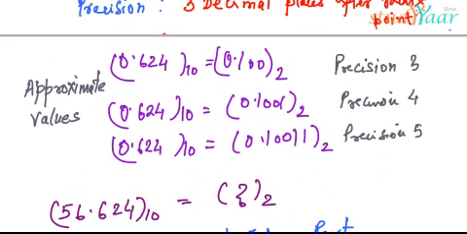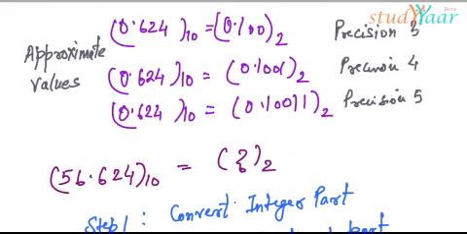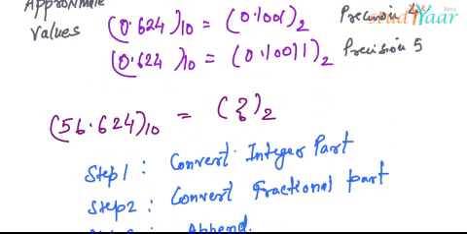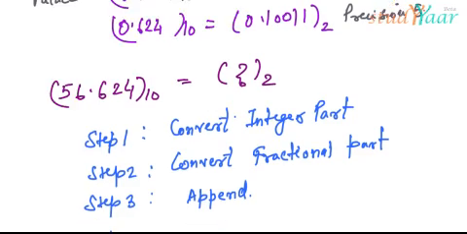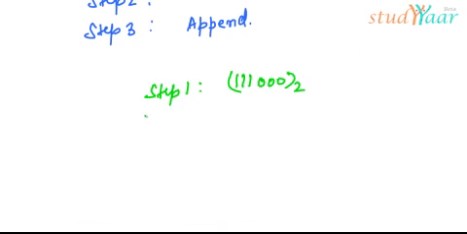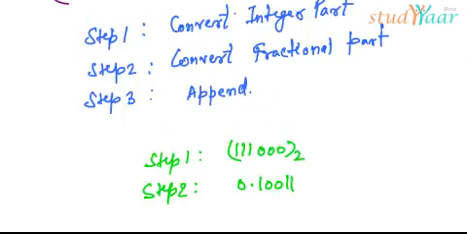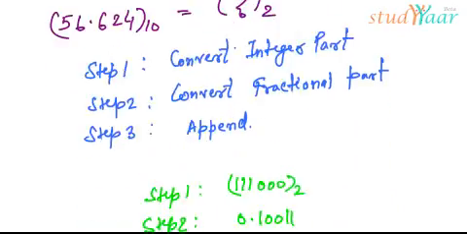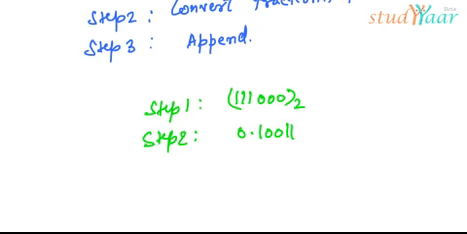Let's suppose I want precision up to 5 decimal places. I'm going to write it as 0.10011.